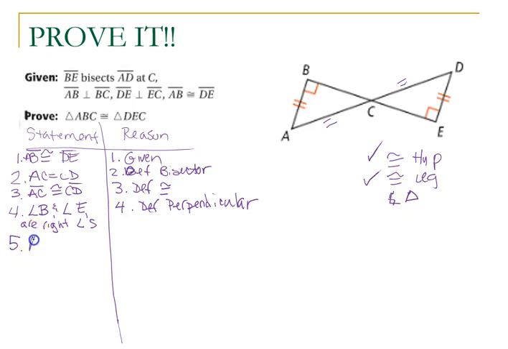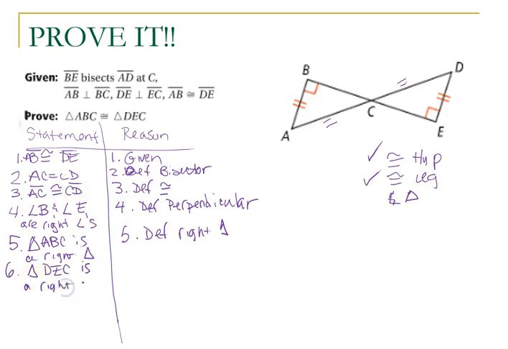I'm going to say that triangle ABC is a right triangle, and that's because of the definition of a right triangle. And I can say that triangle DEC is a right triangle. And that, once again, is the definition of a right triangle.